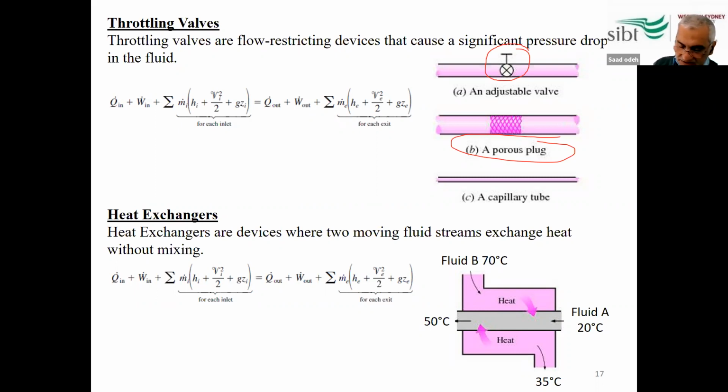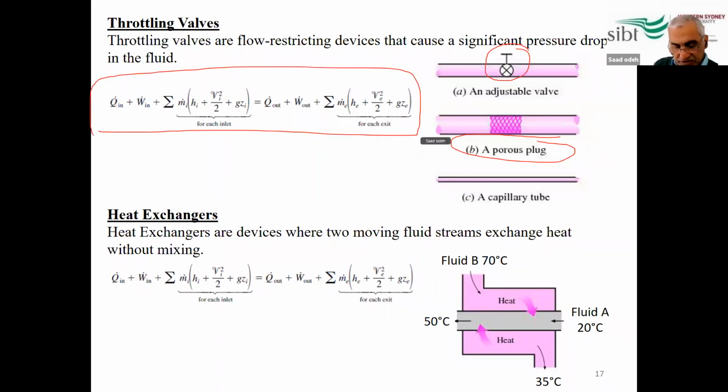When you apply the energy balance here, it's very simple, because you can eliminate all these parts. There is no work, there is no heat in, there is no heat out. Even the delta Z is nothing, but you can end up with probably delta H and delta V. So again, it depends on the state of each fluid and the values given in the example or the question.